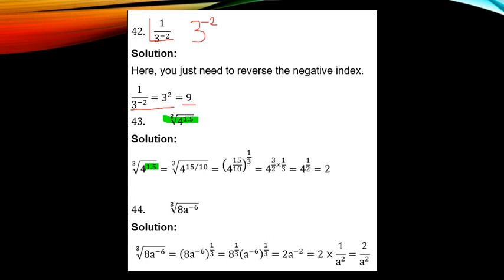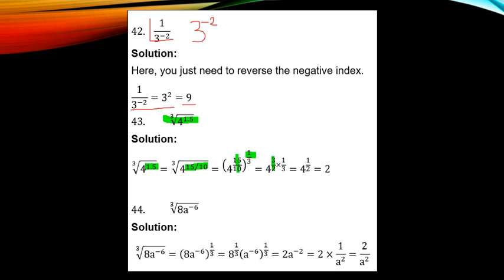So 1.5 can be written as 15 over 10. Now let's convert cube root to the power of 1 over 3 in this form, so that we can apply power law. So doing that, we reduce 15 over 10 to 3 over 2.